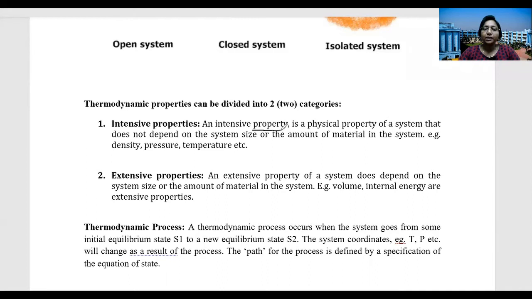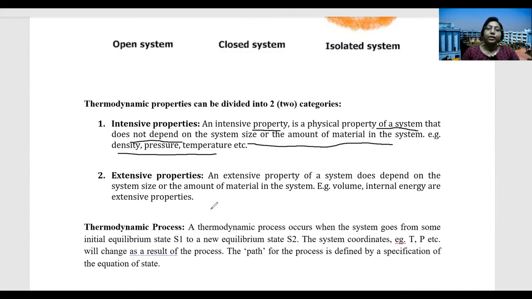An intensive property is a physical property of a system that does not depend on the system size or the amount of material in the system. Examples are density, pressure, temperature. It does not depend on the mass. Simply to say, this property does not depend on the mass, so it is called the intensive property.